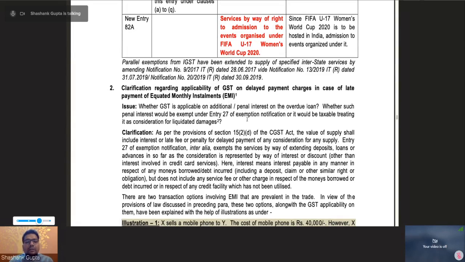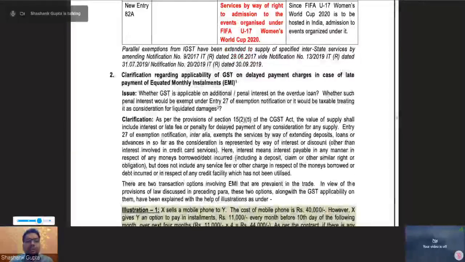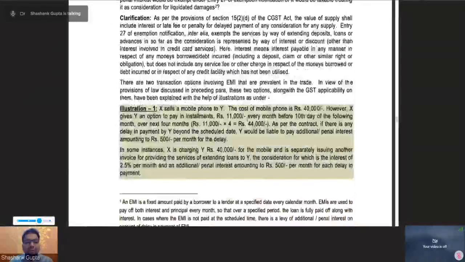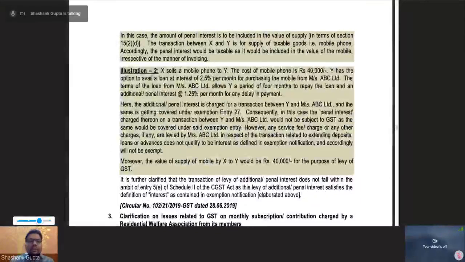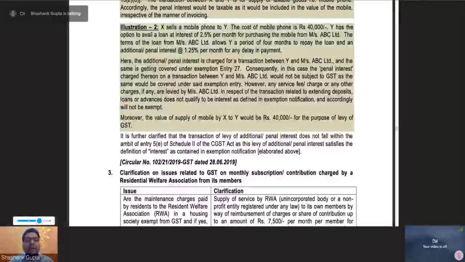Okay? So that is the distinction between these two transactions, and that is what has been clarified. Now in this background, if you will just go back and study this once along with these illustrations, it will become entirely clear to you.